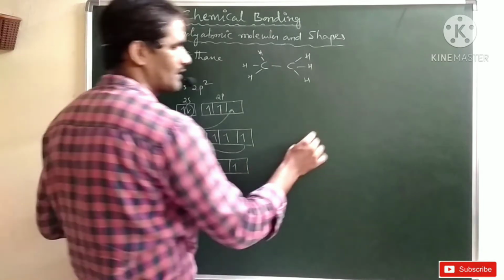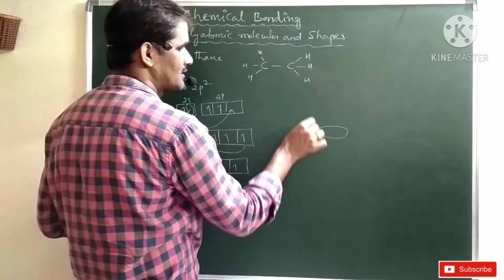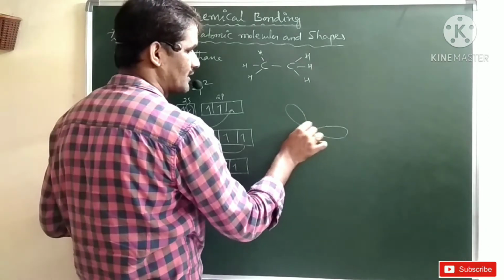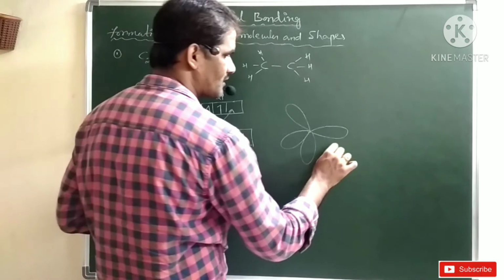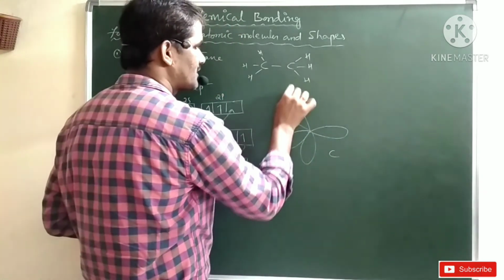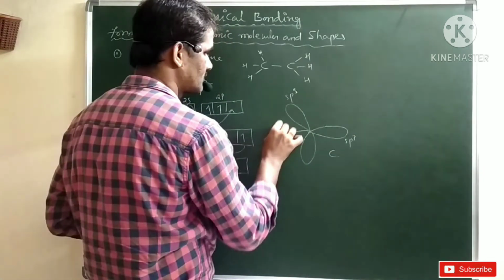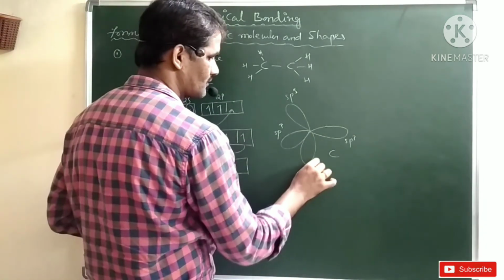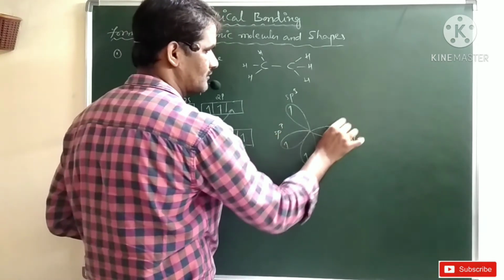Let us take one carbon atom which has 4 sp3 hybrid orbitals. They will arrange in a tetrahedral manner. This is one carbon, with 4 sp3 hybrid orbitals. Now each orbital carries 1 electron.